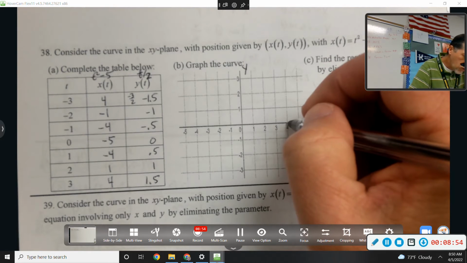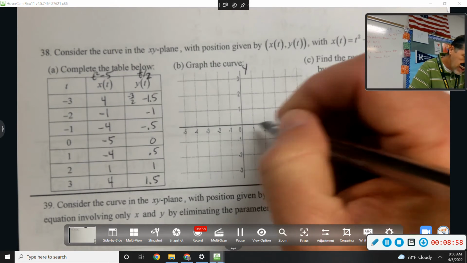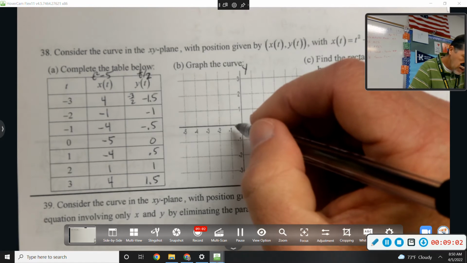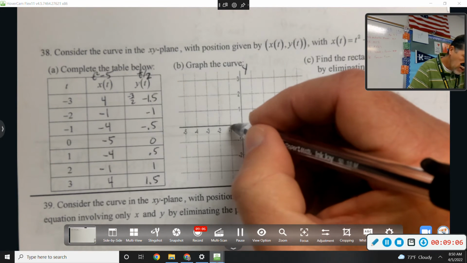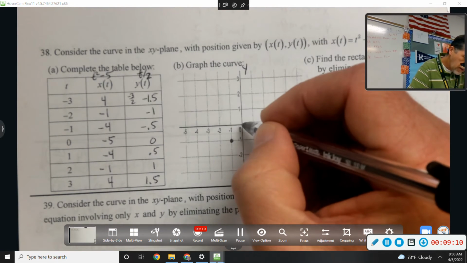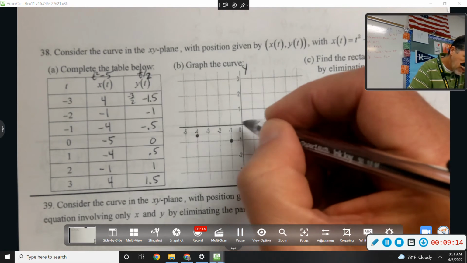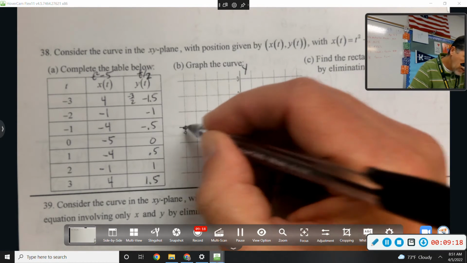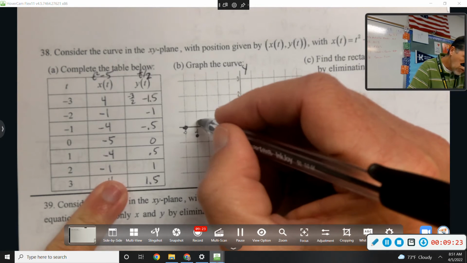Let's see, 4, negative 1.5. Negative 1, negative 1, negative 4, negative 0.5, negative 5, 0, negative 4.5.